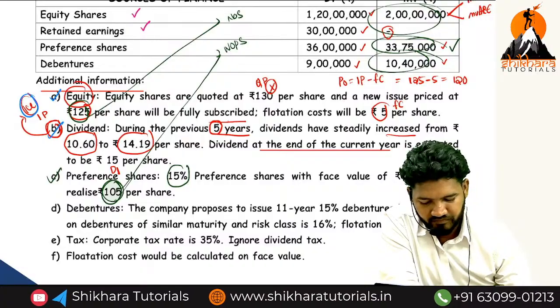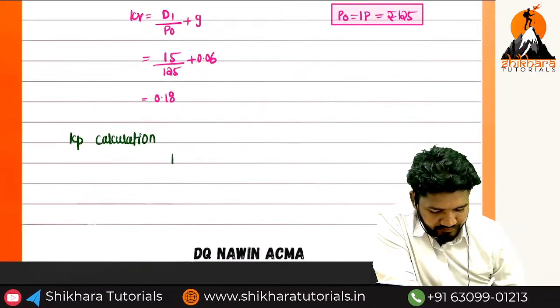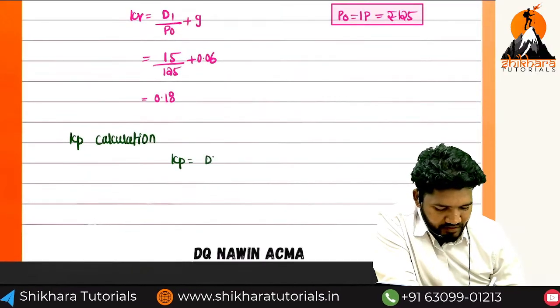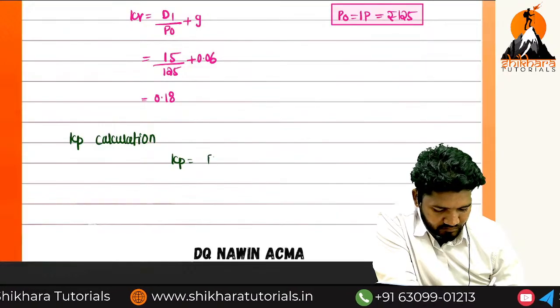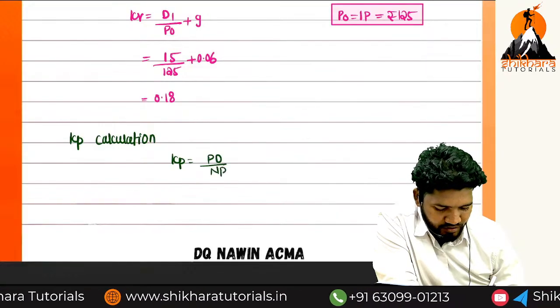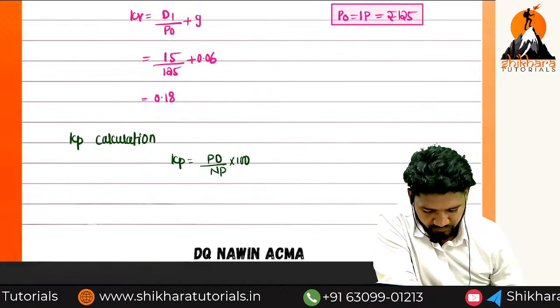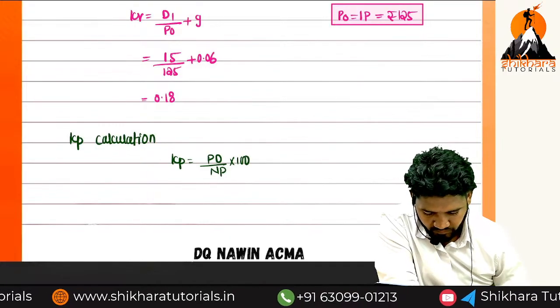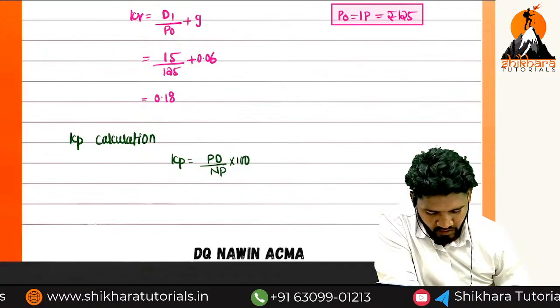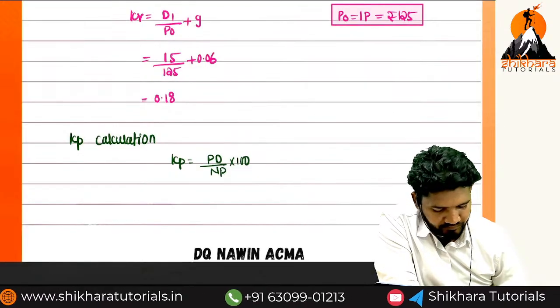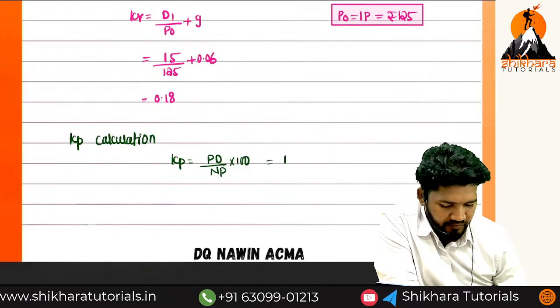Then fine. KP calculation. KP equals preference dividend divided by net proceeds into 100. Preference dividend, please. 15% on face value.